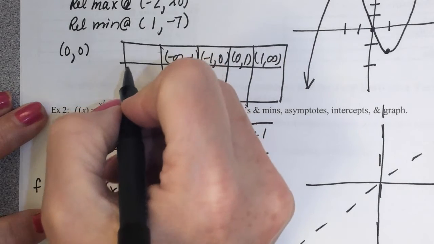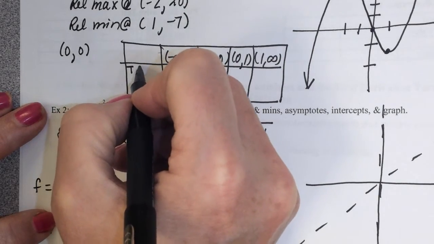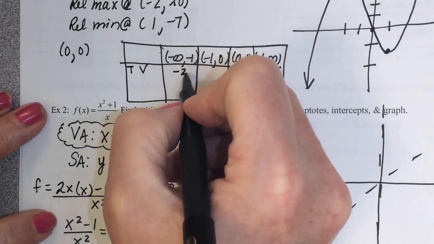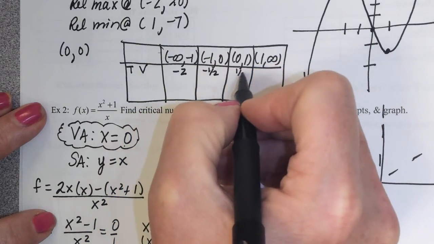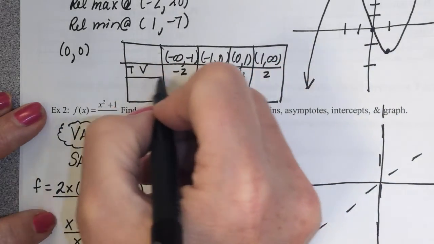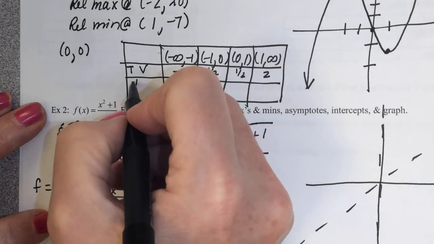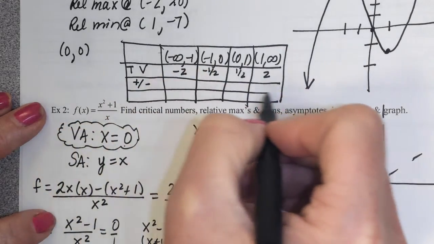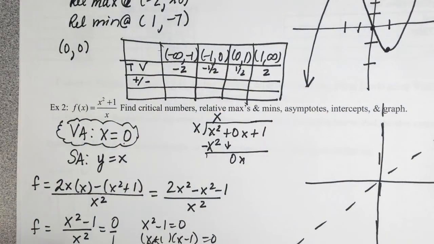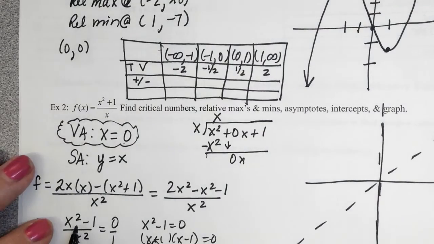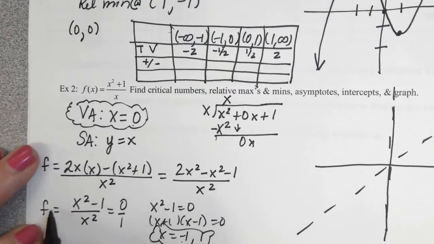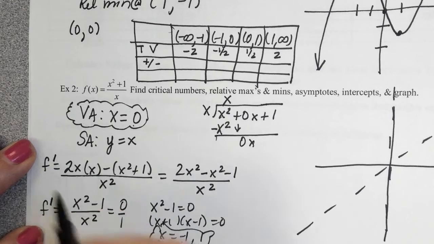So now I'm going to have my test values. So I could test -2, -1/2, +1/2, and 2. Now I need to know whether it's positive or negative on that. So if I plug -2 into my first derivative, I need my prime on that.